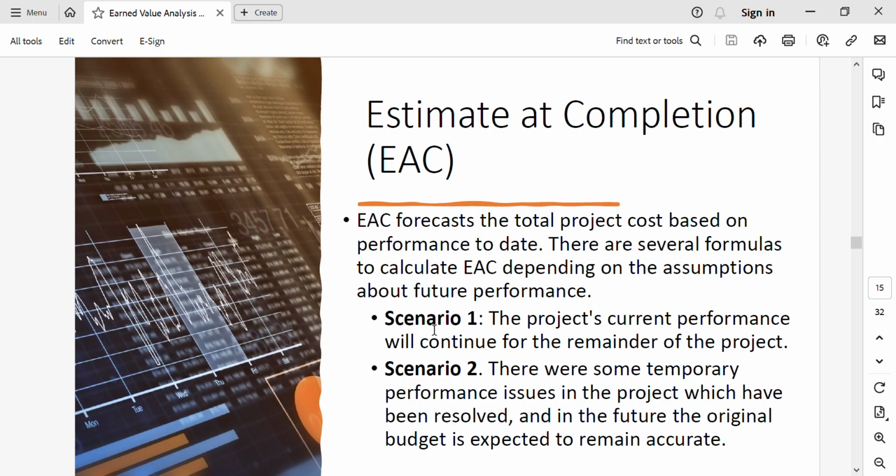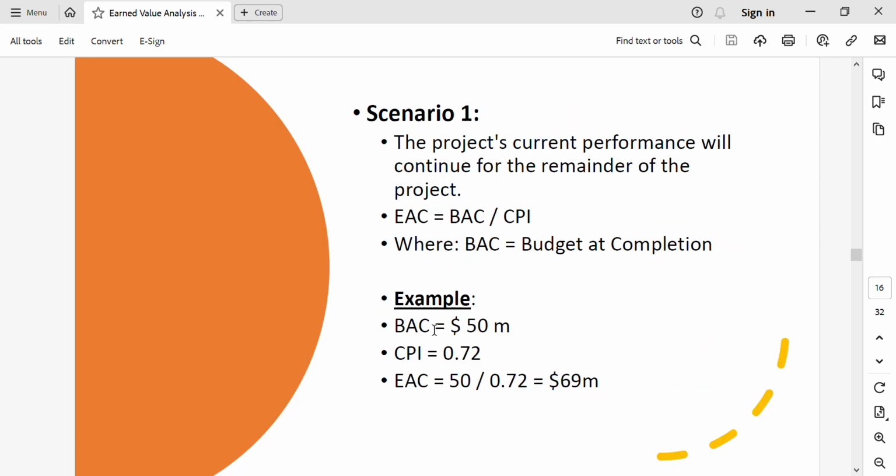Scenario one is the project's current performance will continue for the remainder of the project. Scenario two is there were some temporary performance issues in the project which have been resolved and are no longer valid, and in the future the original budget is expected to remain accurate and the situation will improve.